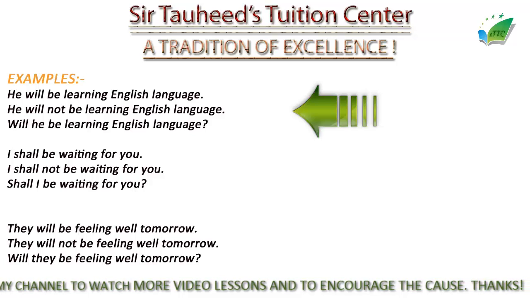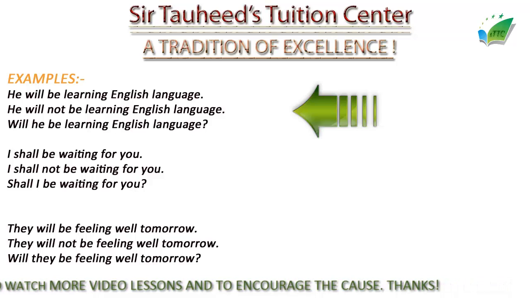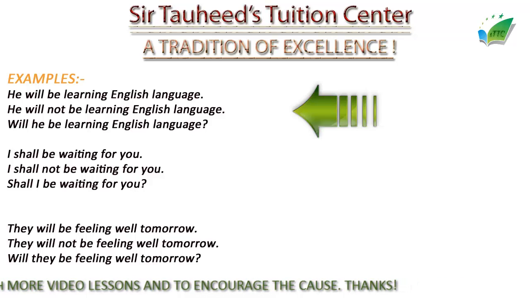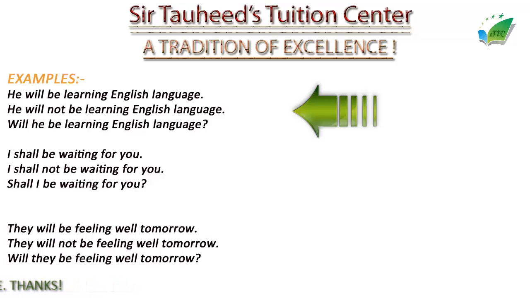So here we can classify these things: he is the subject here because he is going to learn, so he is the doer of learning. After he, the helping verb is used, which is will be. He will be. And then we use the main verb in fourth form. Here the action is about learning, so the first form of it is learn, but we have to use ing in the ending, so it will become learning.